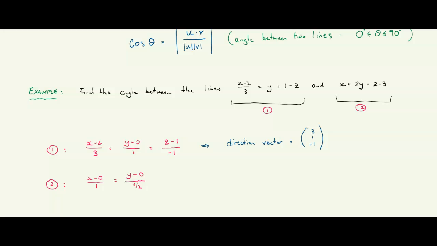Just check that that works. 2y over 1, yep, same deal. And that's equal to z minus 3 over 1. So my direction vector that falls out of my denominators here will be equal to 1, 1/2, 1.